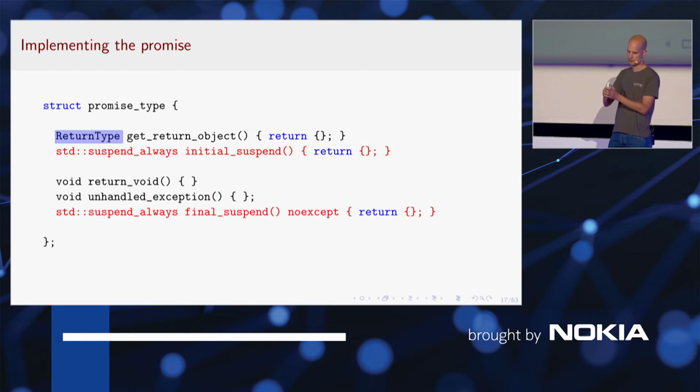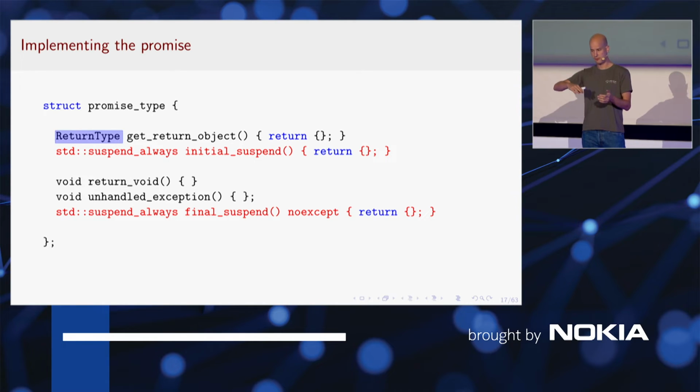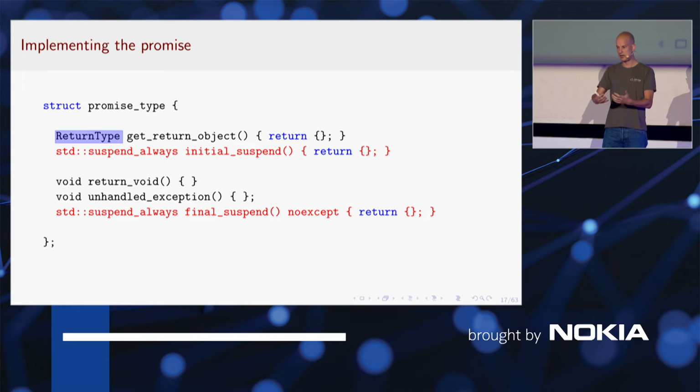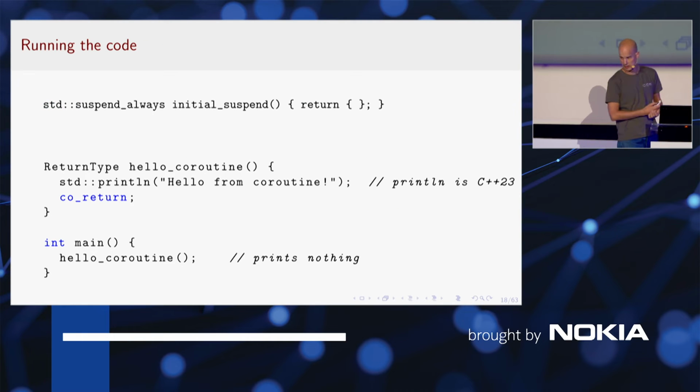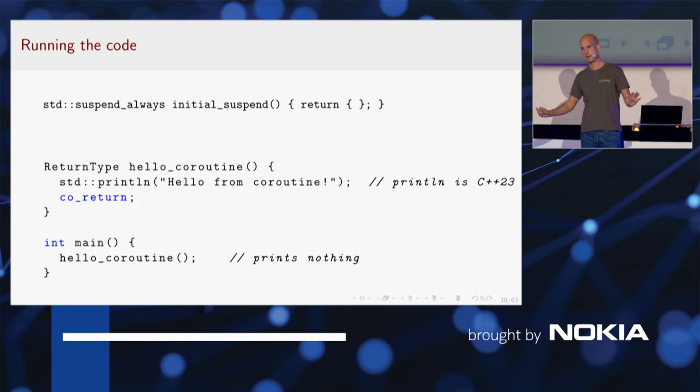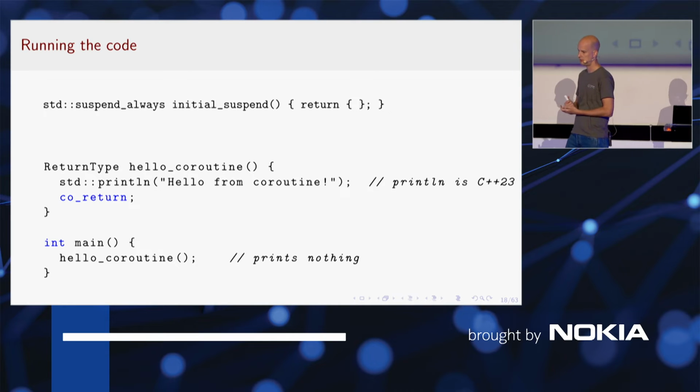So if you imagine you're returning from a coroutine with a co_return statement, or you're falling off the end, then after the body has finished executing, the final suspend will execute. And for now, these just return std::suspend_always, which is a built-in type from the standard library, and we will see in a second what that does. Because now I can compile this code. This is all the boilerplate that I need to make my simplest coroutine compile.